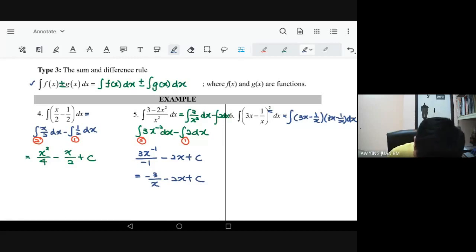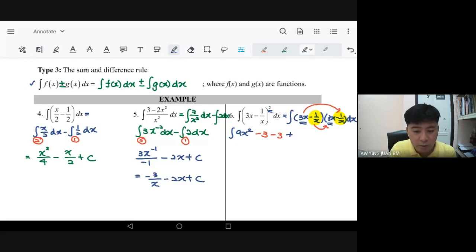So bila kita expand, integrate 3x dengan 3x, saya dapat 9x square. Continue. 3x multiply with 1 over x, saya dapat negative 3. Ini dengan ini, saya dapat negative 3. Finally, ini darab dengan ini, saya dapat positive 1 over x square.